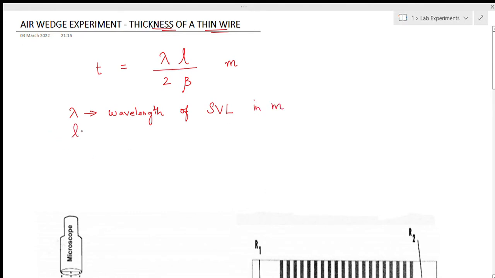L is the distance between the edge of contact and the specimen wire, the position of the specimen wire, in meters.